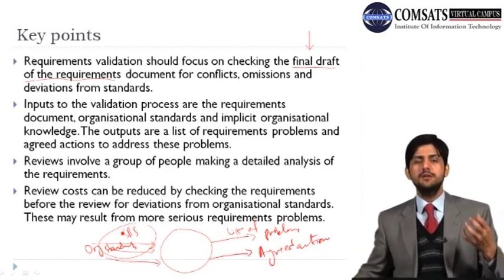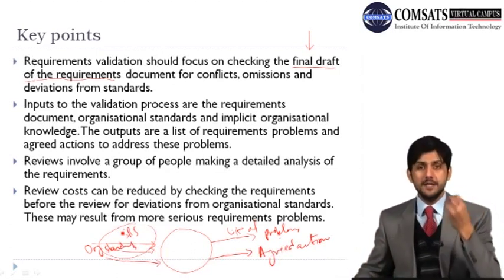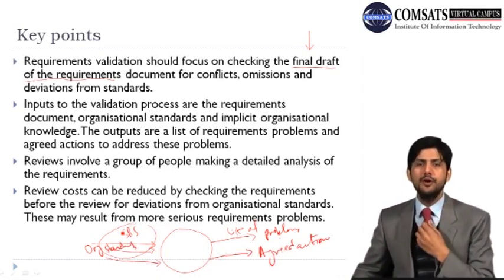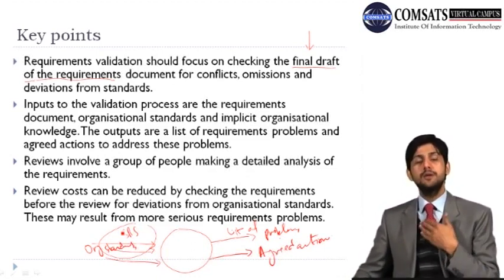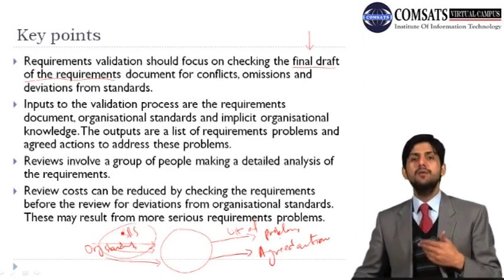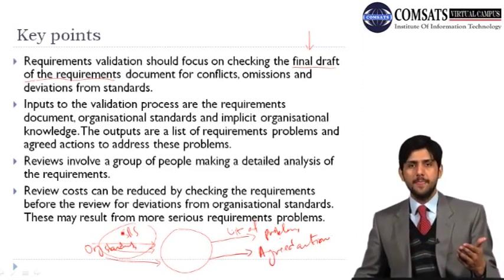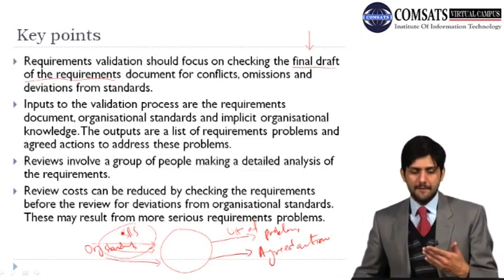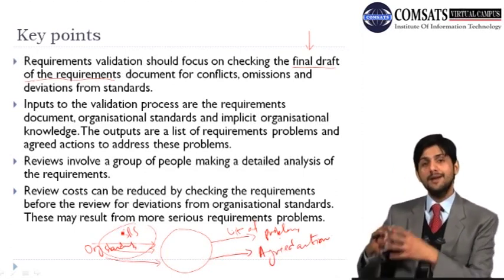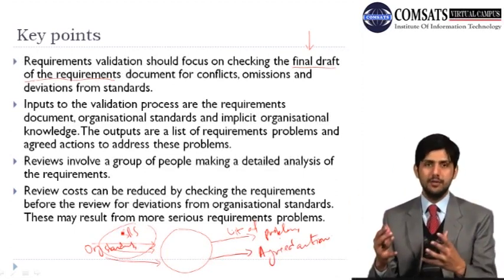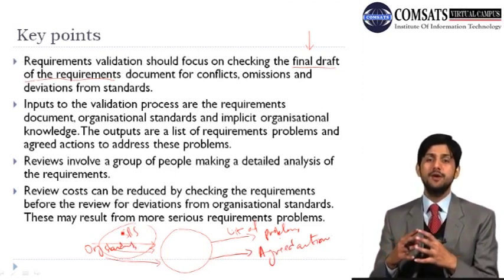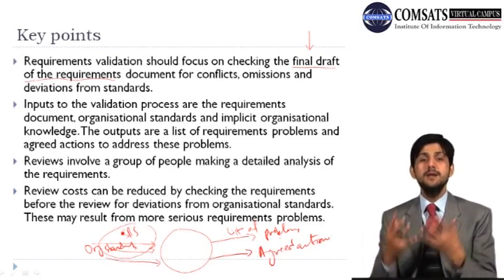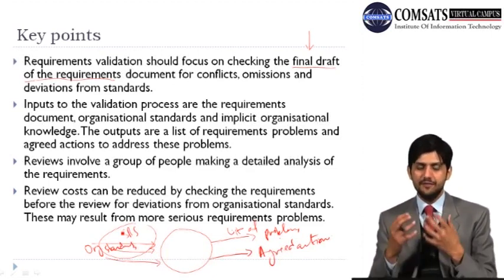Each person who is part of that review process would be given those documents. He would, on his own, go through those documents, and he would try to identify all the problems in the document, and he would prepare himself for that meeting. And then when finally that meeting is conducted, there would be a discussion between all the people, and they would discuss what the problems are, and they would try to figure out what actions need to be taken to fix these problems.